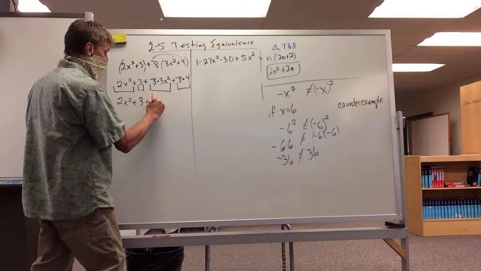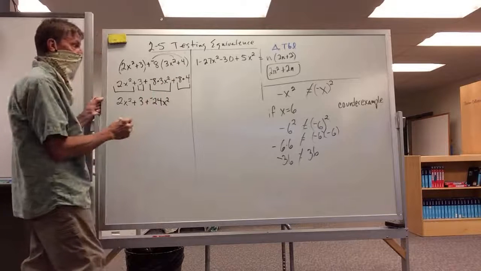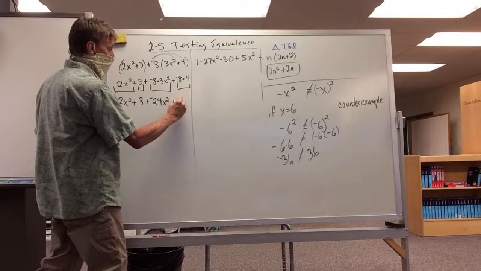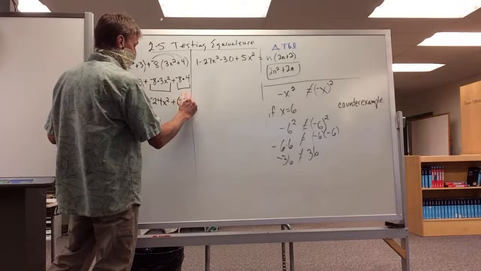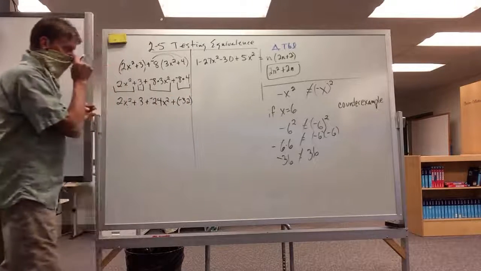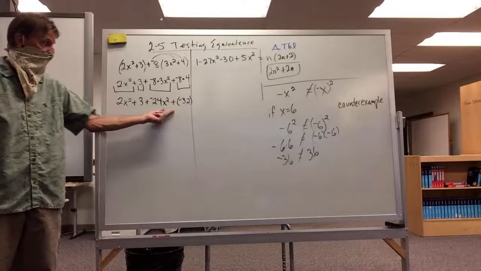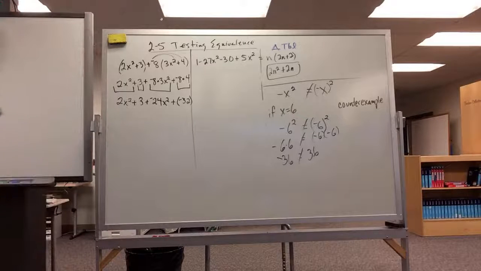And then times x squared, so that becomes -24x squared. What's -8 times 4? Negative 32. So now all we've done is little bits of steps, but we've done all the multiplication that we can do. Once we're done with all the multiplication that we can do, then we see if we can add things together.